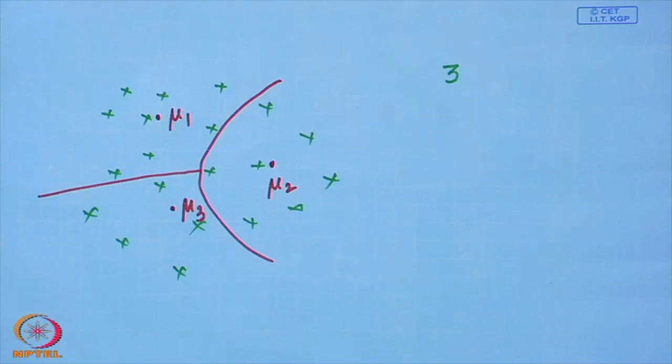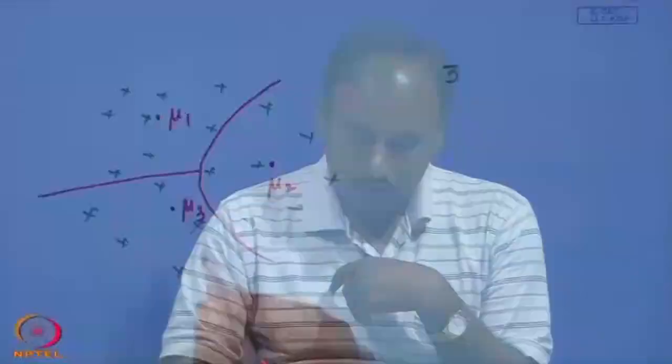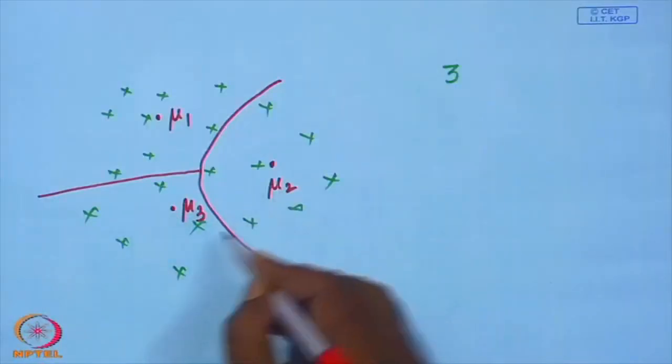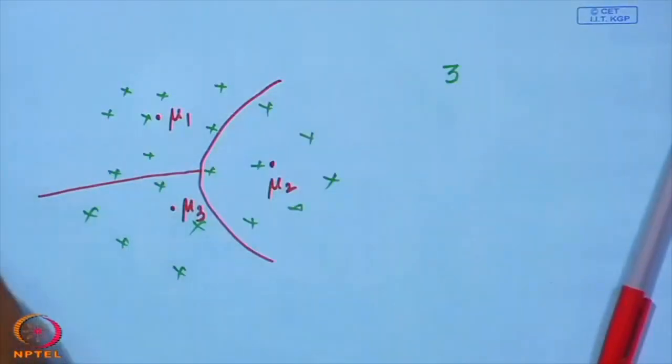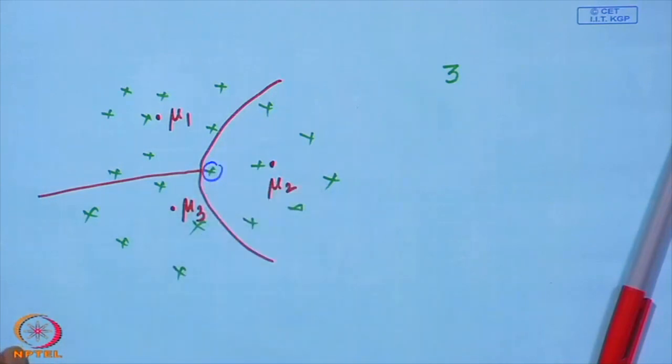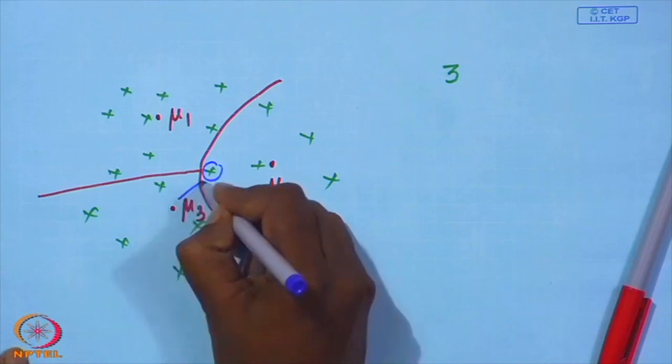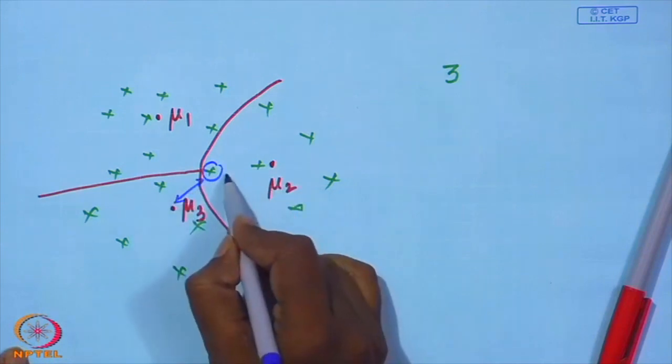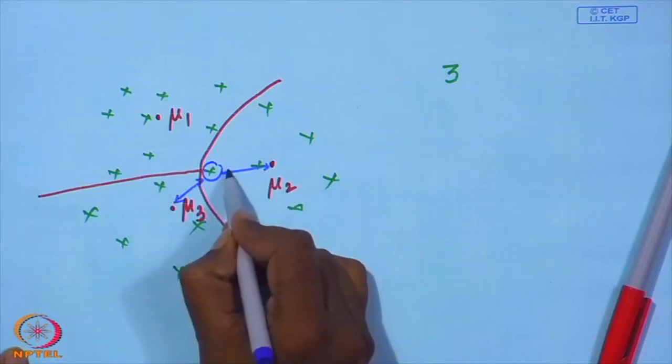Now, once I form these cluster centers, in the next iteration, for each of the samples I find out which cluster center is nearest to that particular sample. It may be possible that this particular sample has a distance from mu 3 that is less than its distance from mu 2.